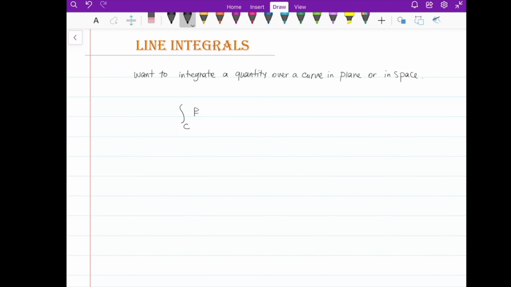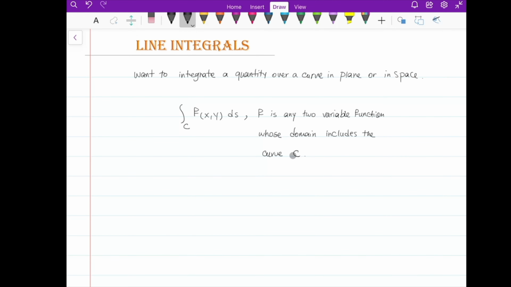Let me start with two variables, and the function f is any two variable function whose domain includes the curve C. So one more time, C is like a one-dimensional object because we can parameterize it using just one parameter.